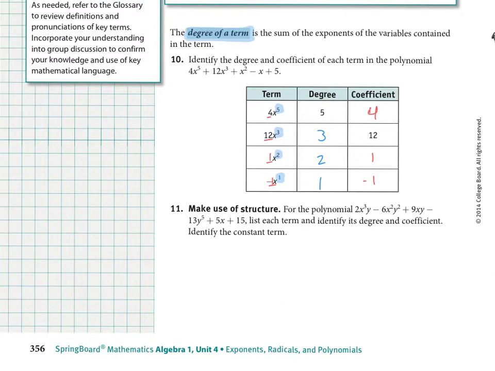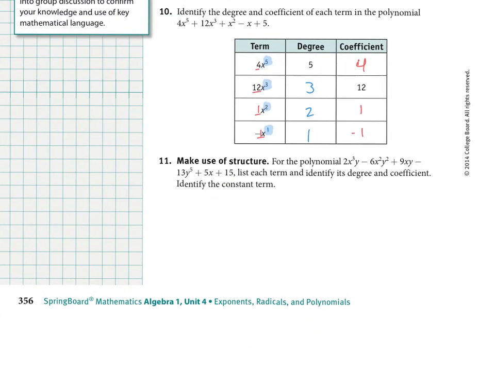And remember, we're looking at the sum of the exponents of the variables within our term. So we have multiple variables within here. So what I'm going to start off doing is I'm going to kind of make a table just like I had before here, filling in all of the terms, except the last one because I know that's our constant. So I'm going to go ahead, I'm going to zoom down a little bit.